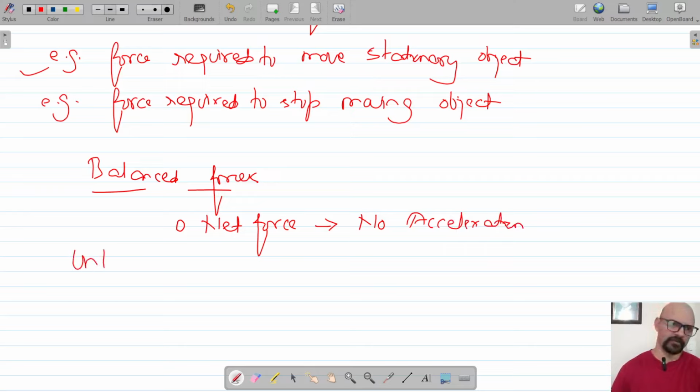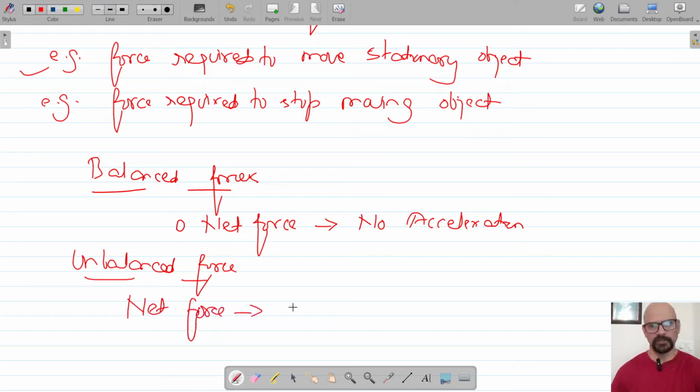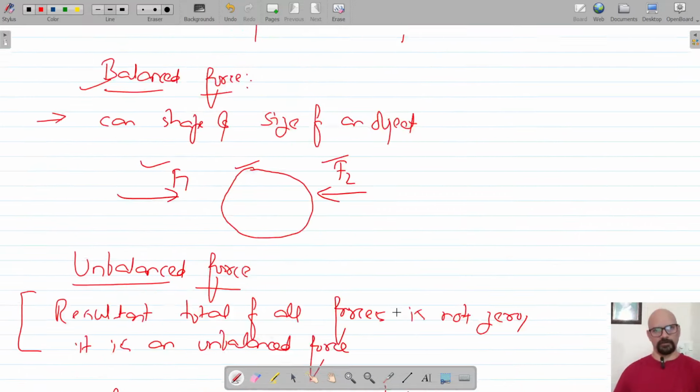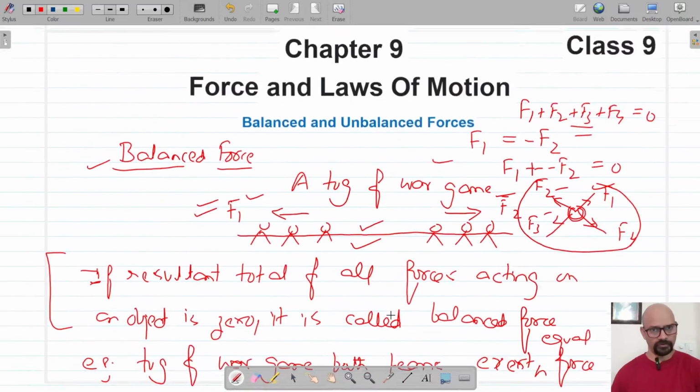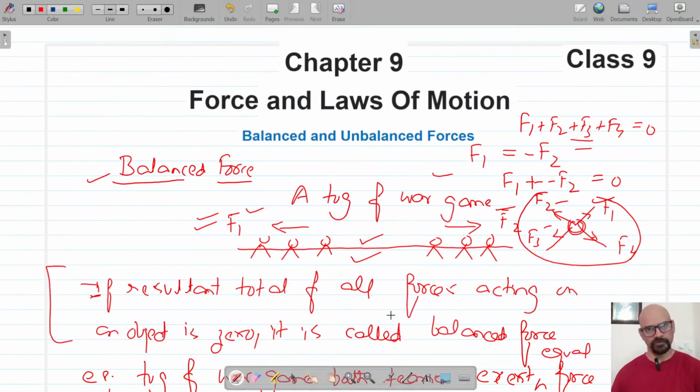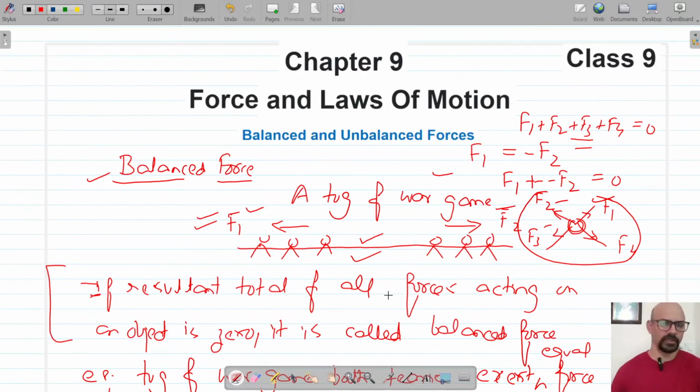And for an unbalanced force, there is a net force, it's not zero. And because there is a net force, this can cause acceleration. Okay, so this was about the balanced and the unbalanced forces. Let's move on to the next topic.